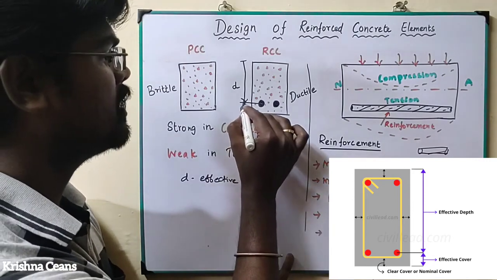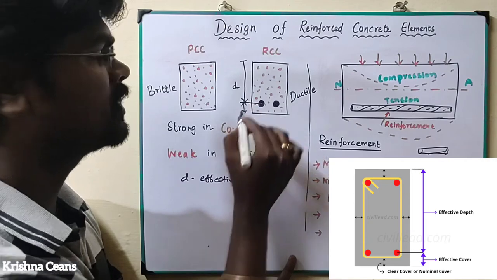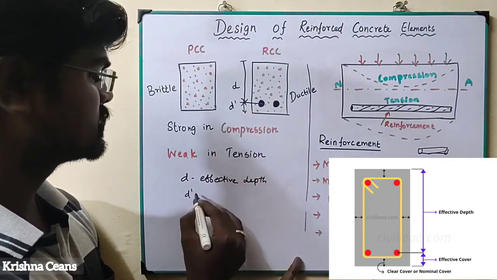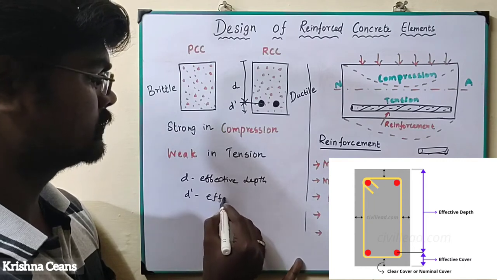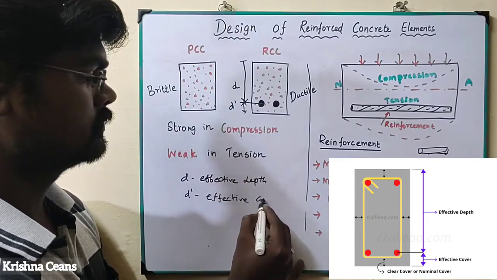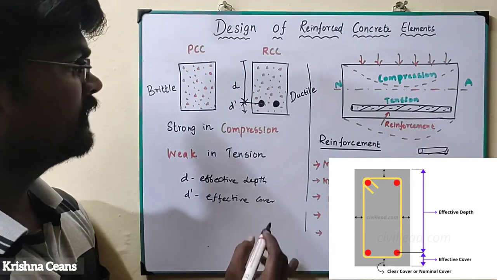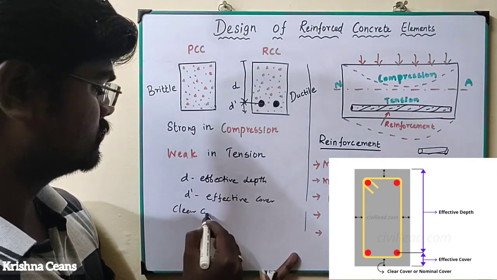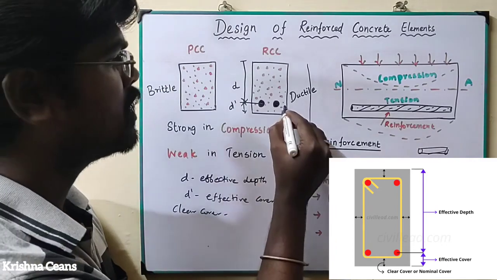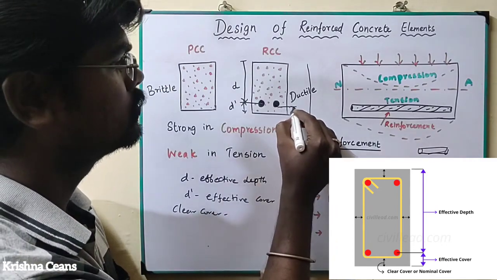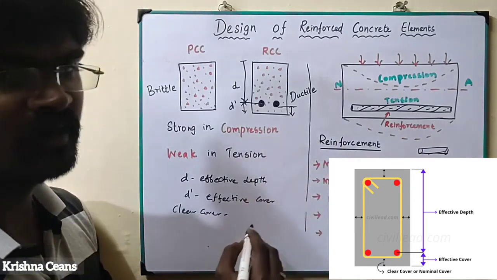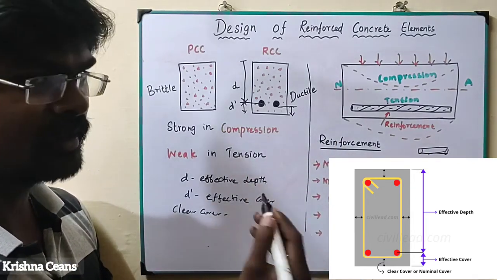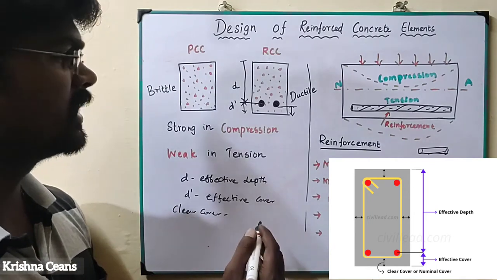Whereas from the center of the reinforcement to the bottom of the concrete we call it d dash, which is the effective cover. Whereas the clear cover is from the bottom of the reinforcement to the bottom surface, from here up to here. We call it clear cover.